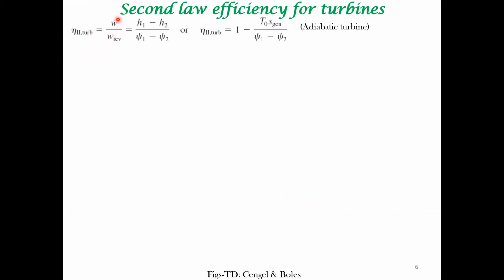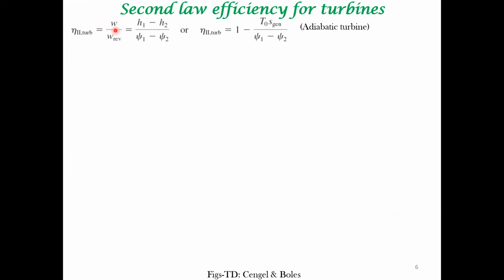So this is the real work you generate, divided by the maximum work that is obtainable from the system. Okay, so the maximum work that is obtainable from the system is when the process occurs in a reversible manner. So that is obtained here. So that's what we showed in the previous slide.